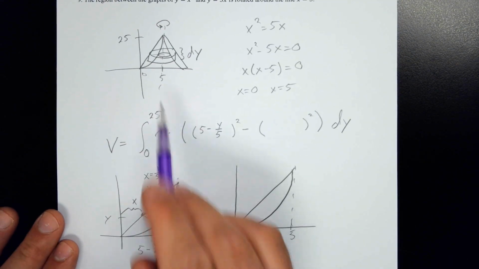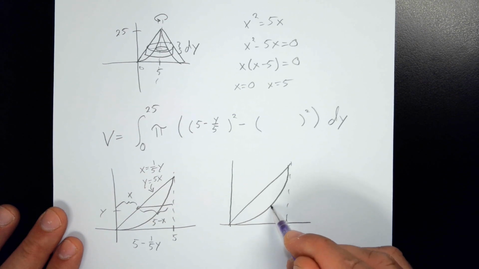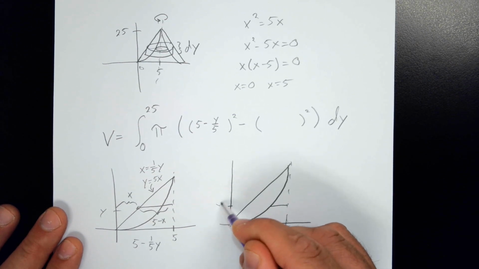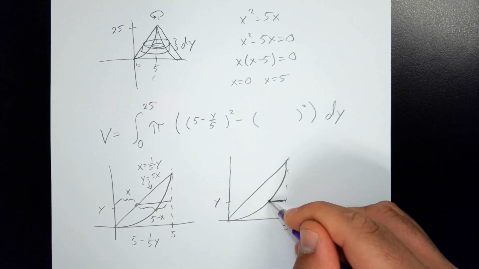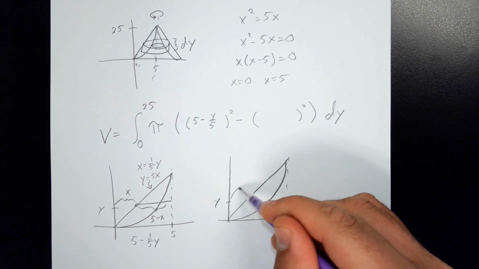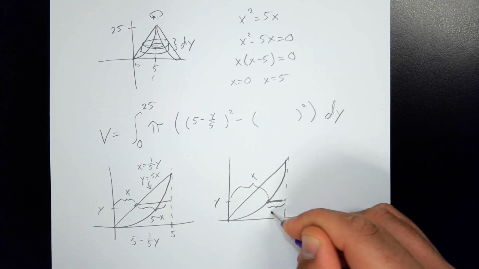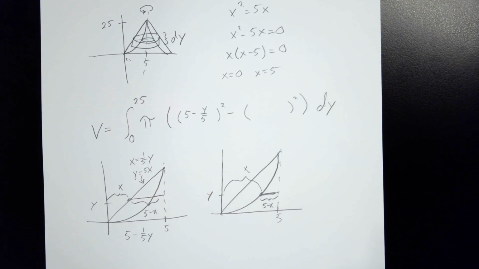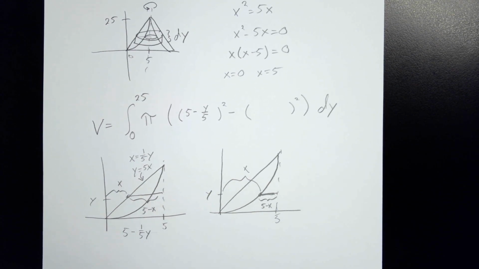But now I want this inner radius, this little radius right here, that's this distance right here. Okay, once again for this curve, this distance right here is x, and this is 5 minus x. But it's a different x and y, right? This is going to this curve, the other one was going to that curve.